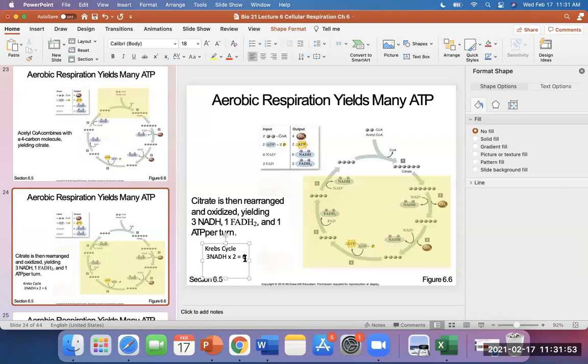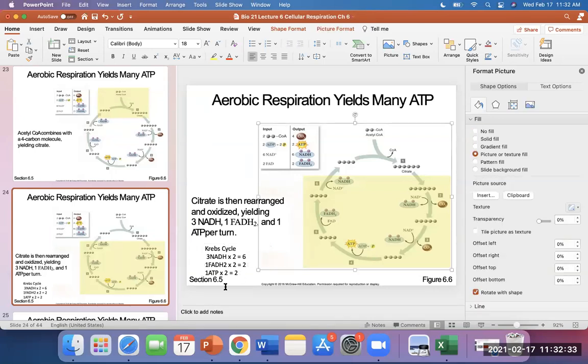What about FADH? 2. Scott said 2. Again, 1 per cycle. It happens twice, so you're going to get 2. How many ATP? It says 1 per turn. So 2 ATP total. So that's the result for the Krebs cycle.